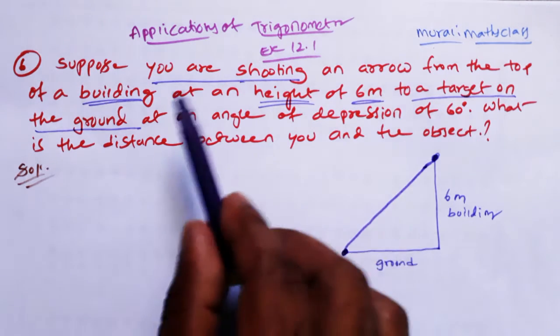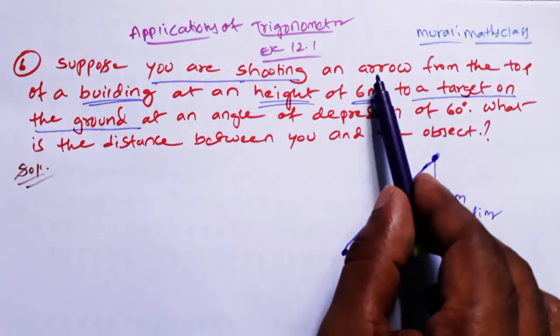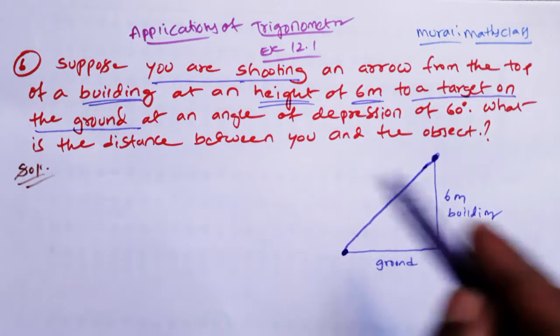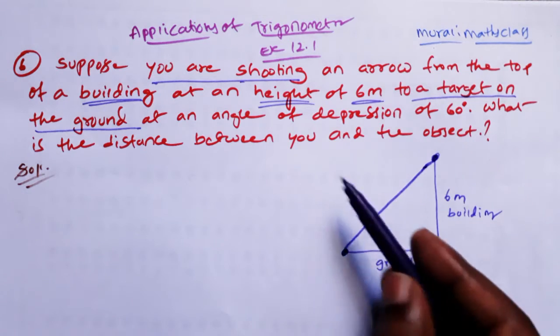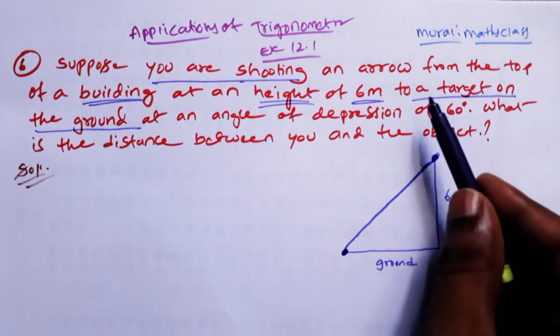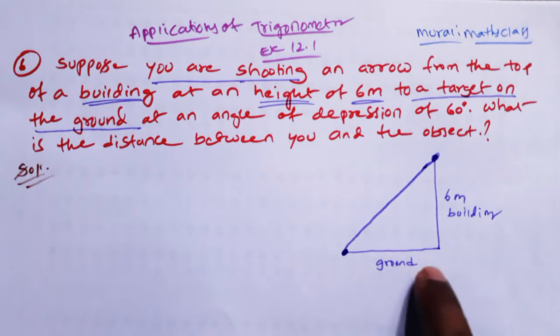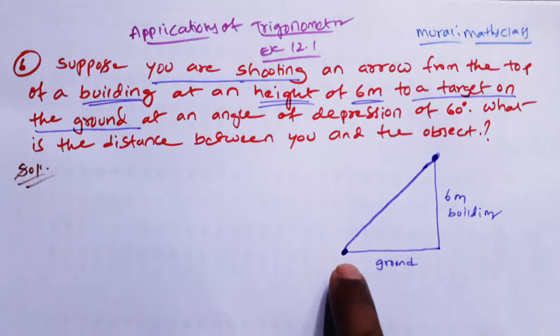That is the meaning of this sentence here. Suppose you are shooting an arrow from the top of a building. Height of the building is how much? 6 meters. To a target on the ground. So on the ground some target is there. The target you are shooting from the top of the building.